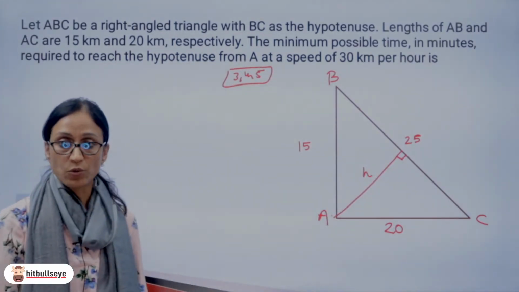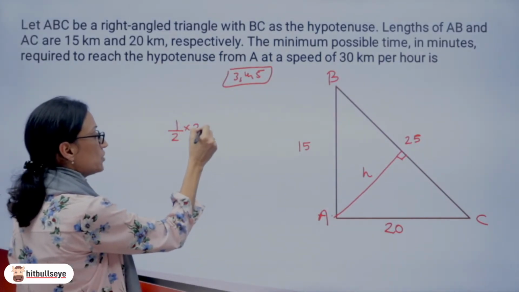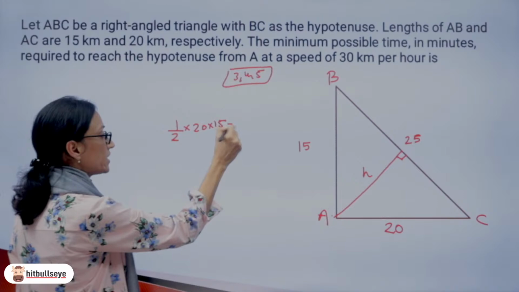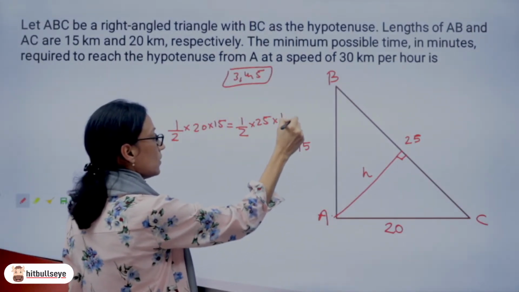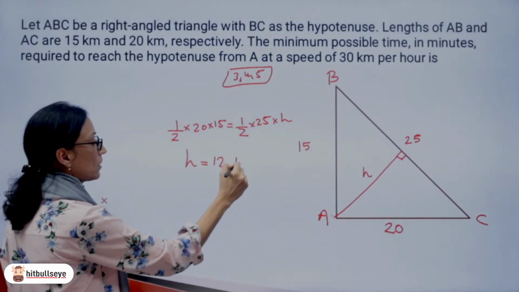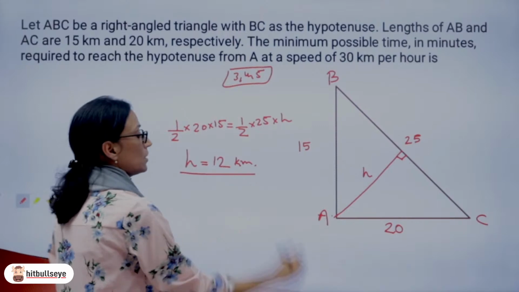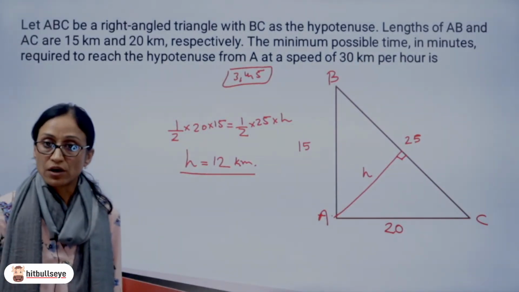They both have to be equal. The area of the triangle is half into base into height, which tells me that this h is nothing but 12 kilometers. So the distance to be traveled is 12 kilometers.